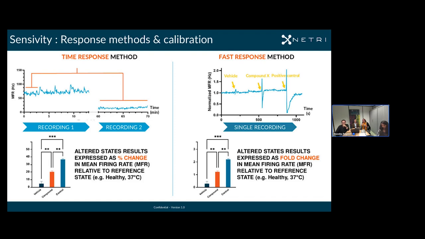This time we will look at local activity and at the maximum of activity, these fold changes from the basal activity, and the difference between our positive control, most of the time KCl, and the vehicle, and look at how the compound is positioning itself in this assay window.